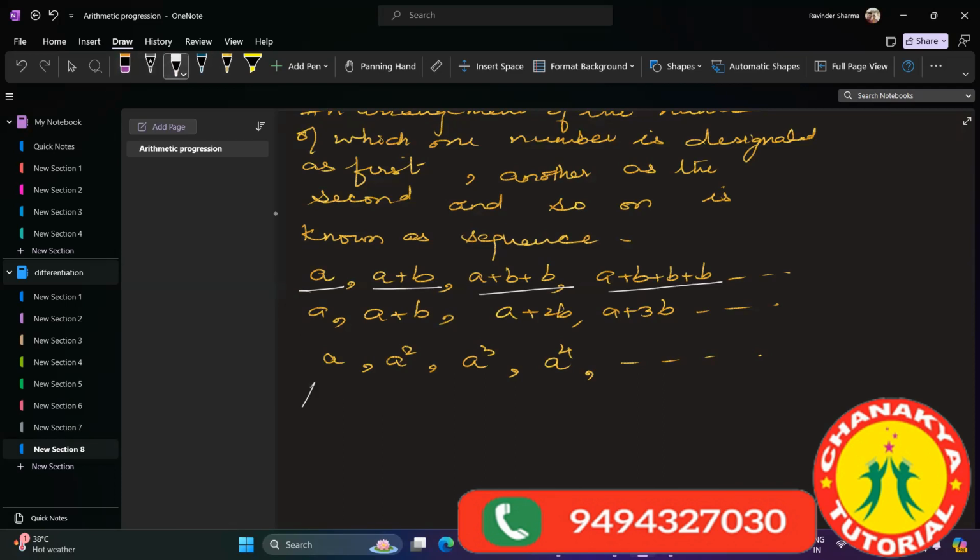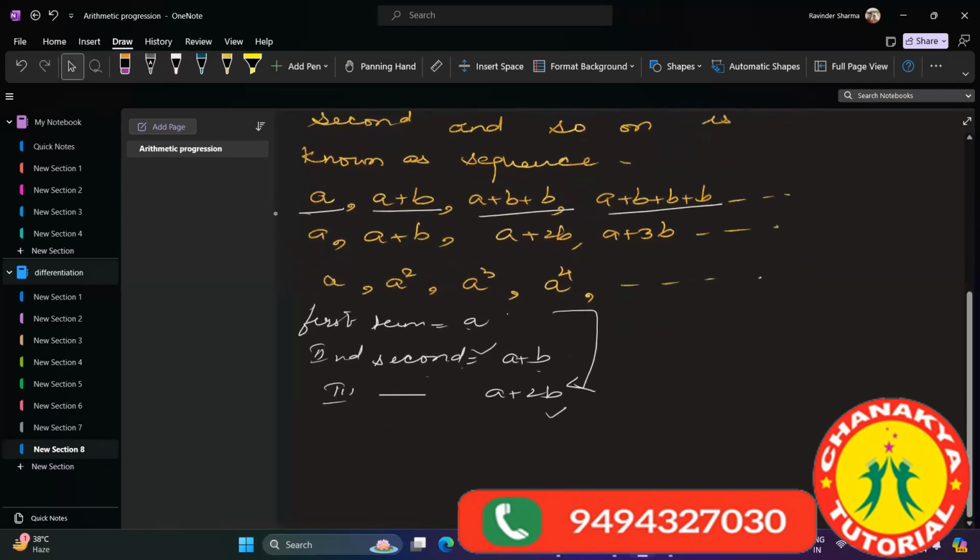So the first term is A, and then your second term will be A plus B, right? Then the third term will be A plus 2B. So here is a pattern: you are adding B to the preceding term. After adding B to the first term, you will get the second term, and then after adding B to the second term, you will get the third term. Right, children? So there is some rule, there is some pattern.